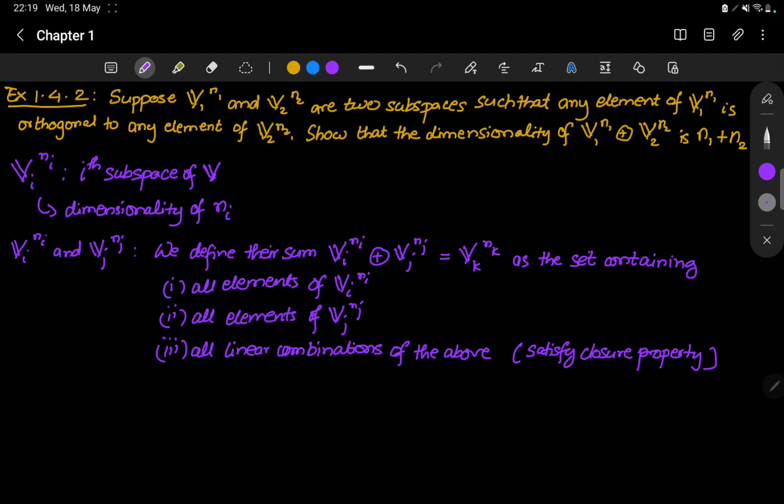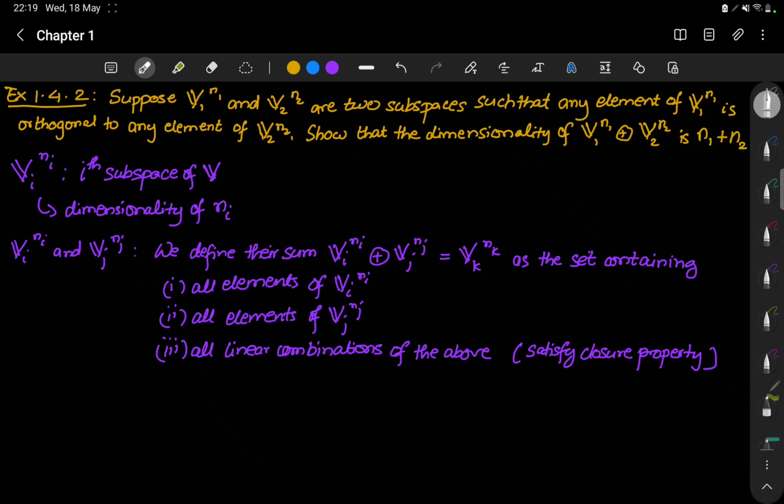Now we can proceed to solve this question. So we will see. By definition, we see that V1 N1 has dimensionality N1.